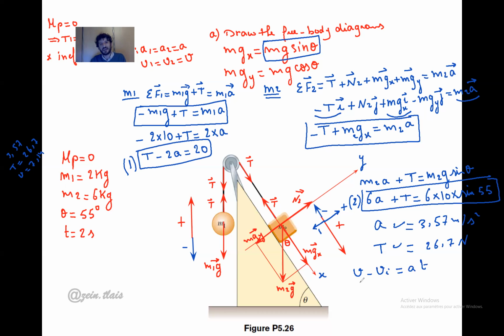So V equals VX. You know, the object was at rest. In this case, V initial equals 0, because at rest. The final V at t equals 2 seconds equals A times t, equals 3.57 times 2 seconds, we get the final value equal to 7.14 m per second.